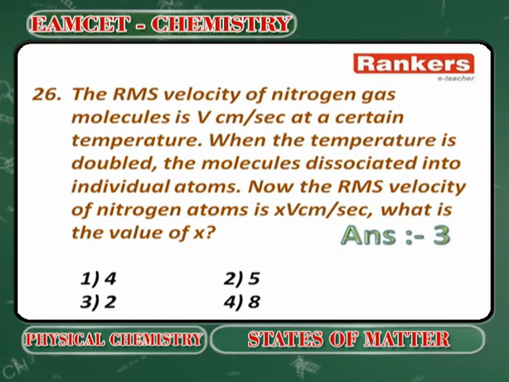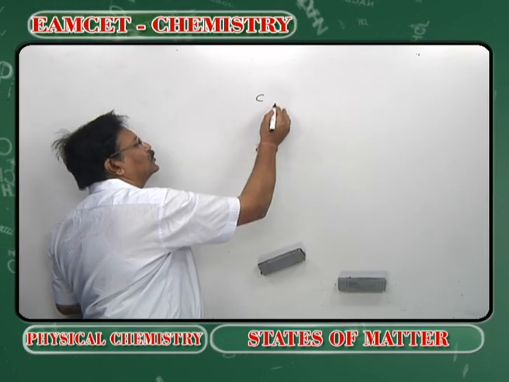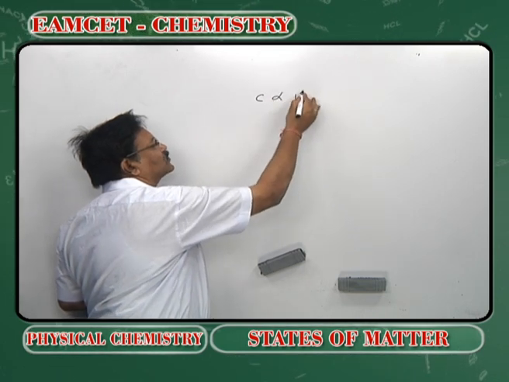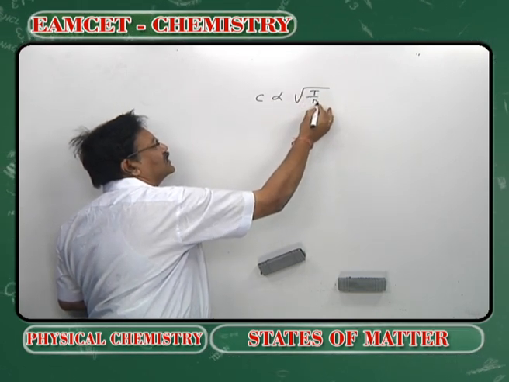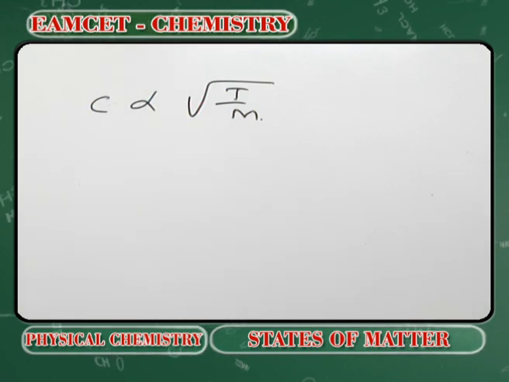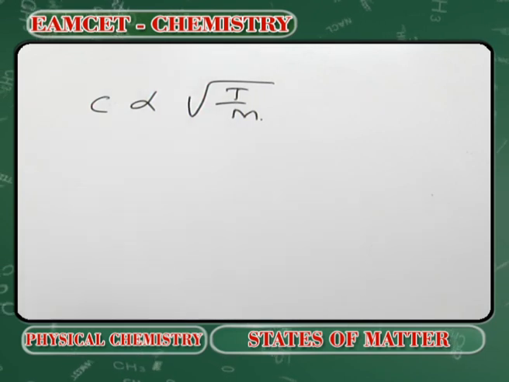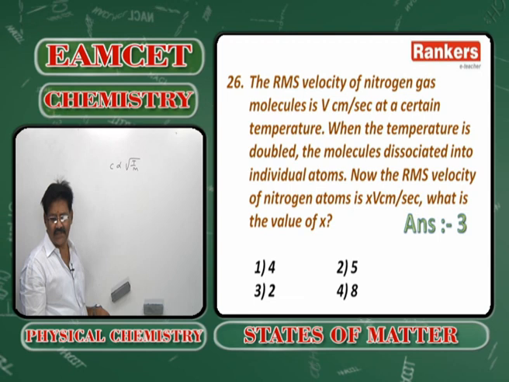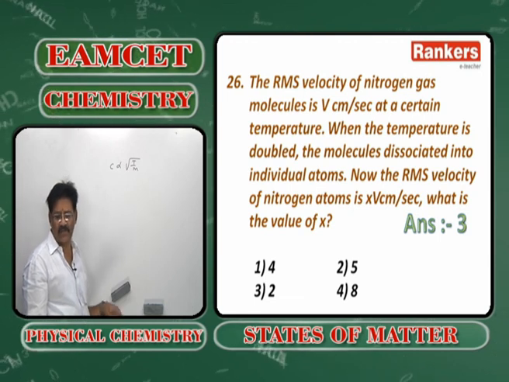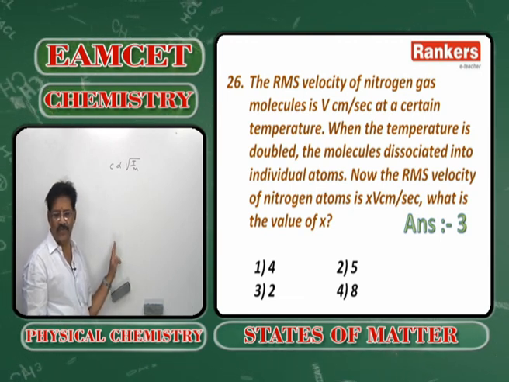Now what is the point? RMS velocity of any gas is given by the expression, C is proportional to square root of T by M. Now, the temperature is doubled and the molecules are dissociated into individual atoms.